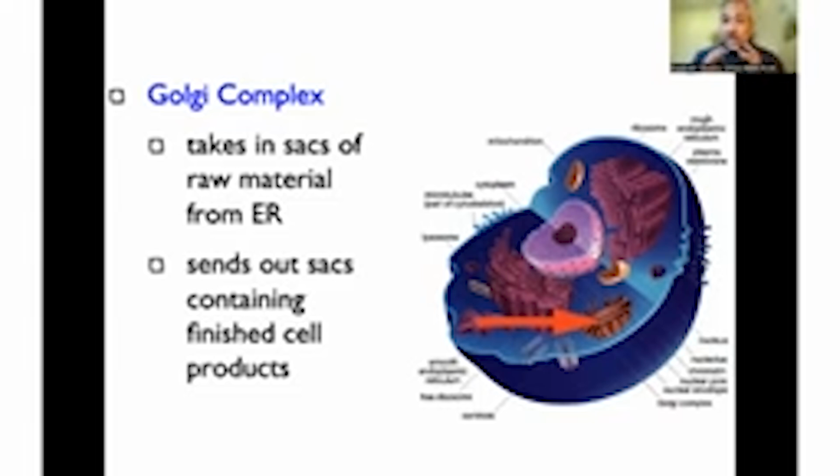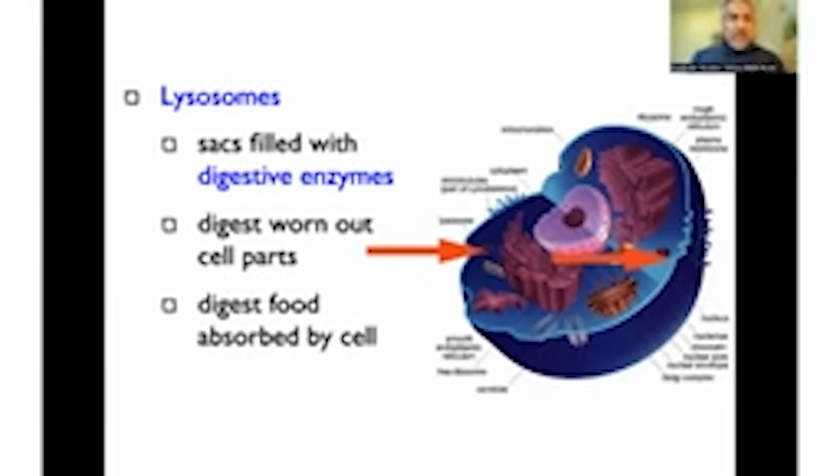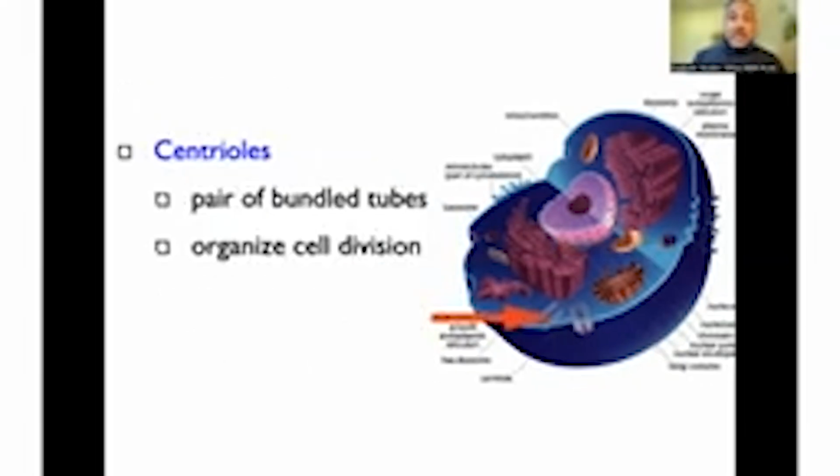It allows proteins that are synthesized from the ER to be processed before they can be delivered to different parts inside the cell, including the cell membrane. We have things like lysosomes, which are very unique structures that are filled with digestive enzymes that are able to digest things, break them down when required.